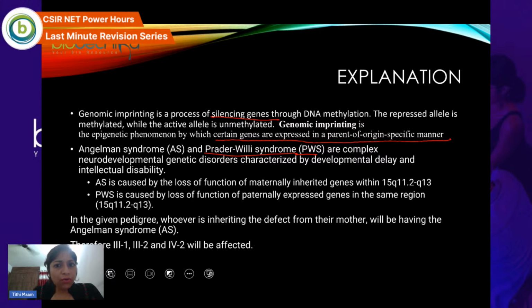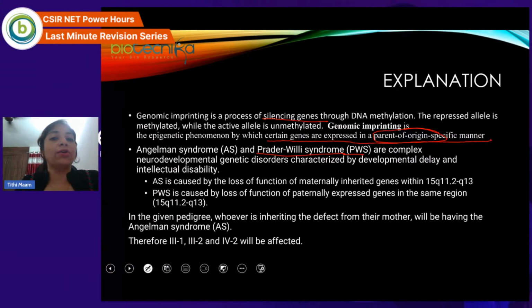Now, what is the difference? Who will get Angelman syndrome and who will get Prader-Willi syndrome? That will depend on the parent of origin, that is, from which parent the individual is getting the particular deletion.